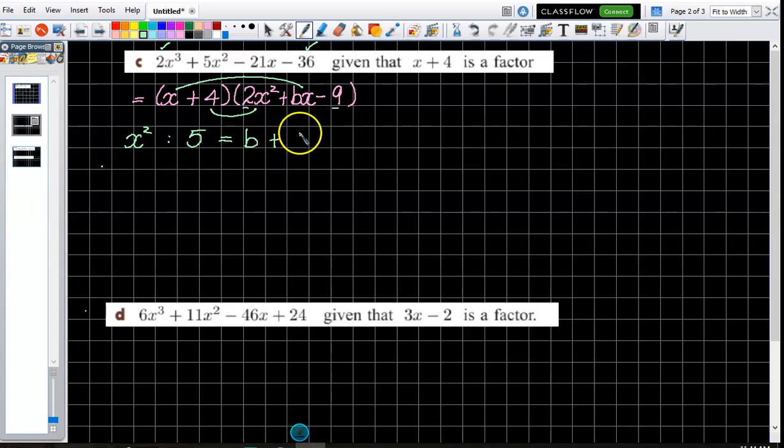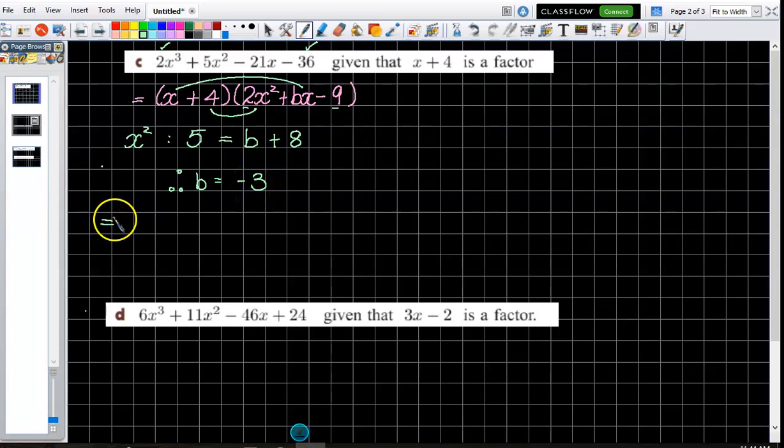So again, I just put the 8. Don't include the x's, right? They're just telling you the coefficients. Can we now find what b is? Yep. So therefore, b equals negative 3.